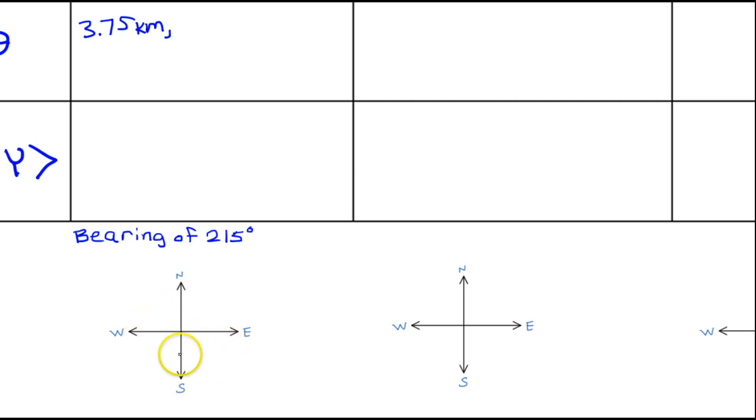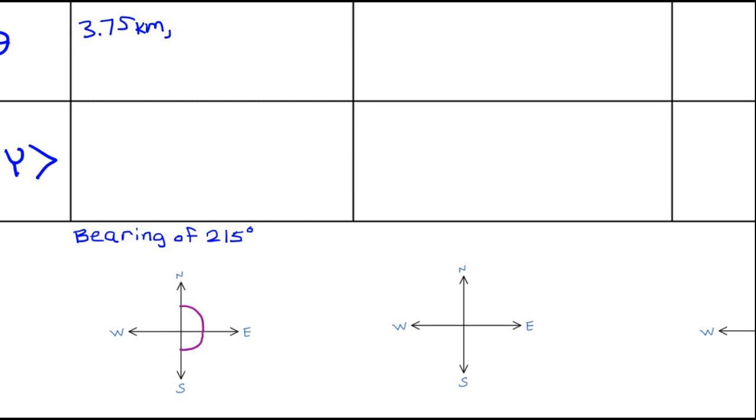around the compass. So if you start at north and move 215 degrees, so far I've gone 90 degrees, and now I've gone 180 degrees. If I went all the way to here, that would be a bearing of 270 degrees. But my bearing is 215, so that would be too far.